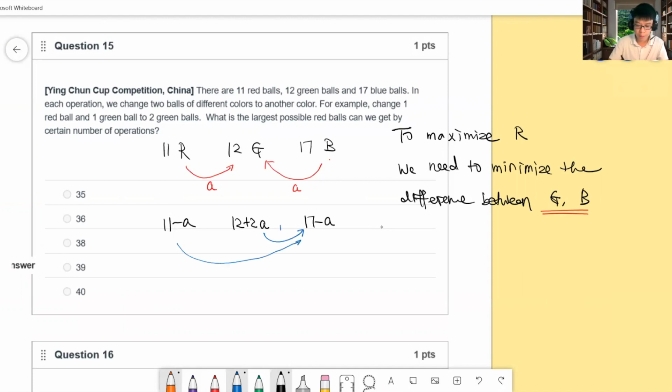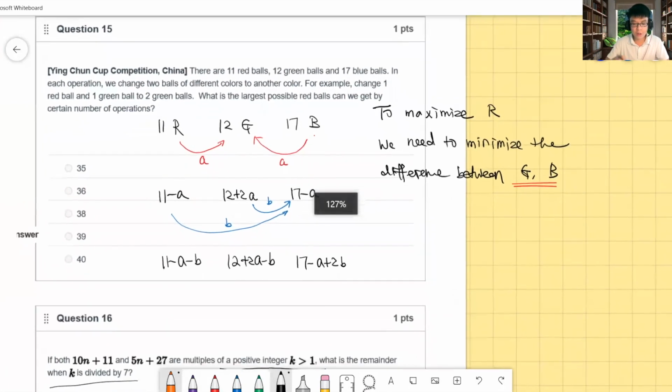Suppose I have B operations of such kind. After that, I have 11 minus A minus B red balls, 12 plus 2A minus B green balls, and 7 minus A plus 2B blue balls.